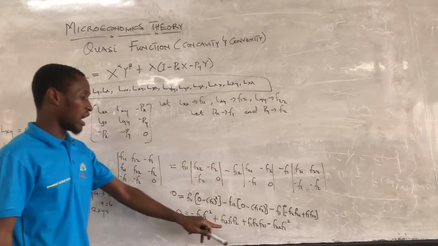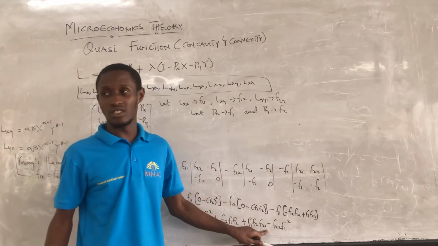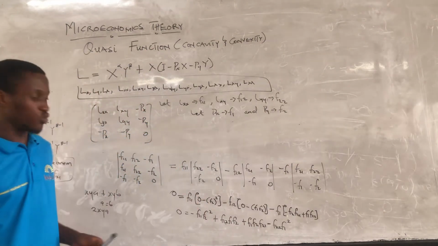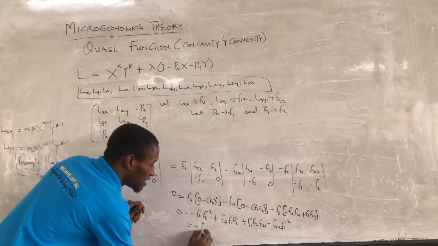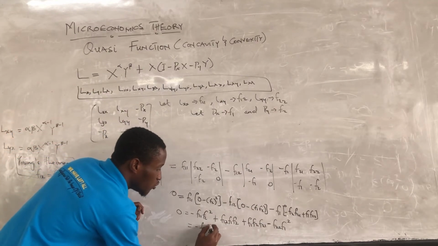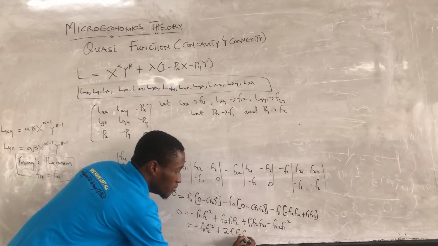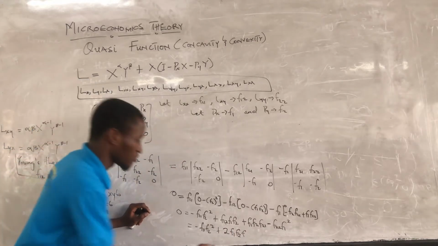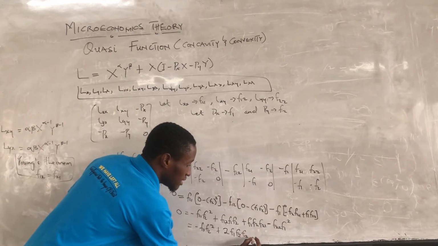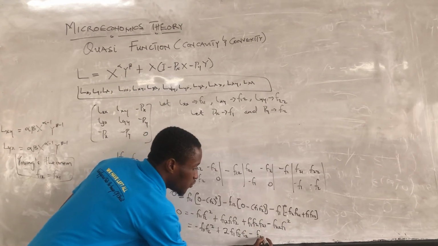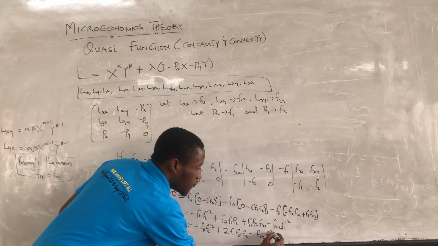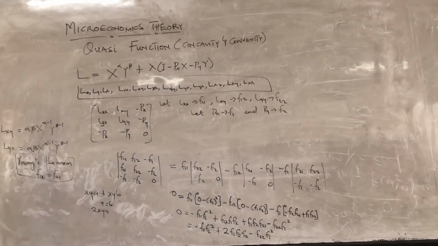So with this one, we can use F12 or F21. So we have minus F11 F2 squared plus 2 F1 F2, then we can use F12 or F21, however you want to write it, minus F22 F1 squared.